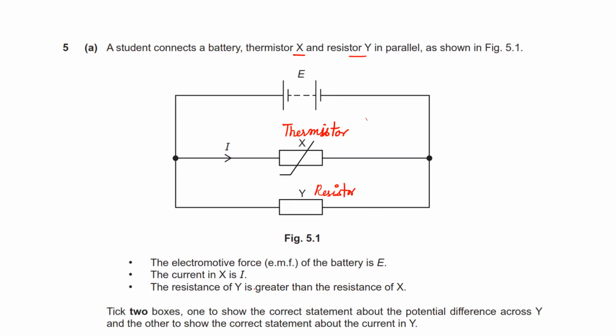The resistance of Y is greater than the resistance of X, so RY is more than RX.